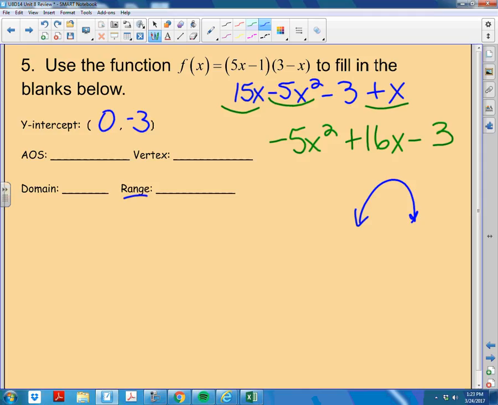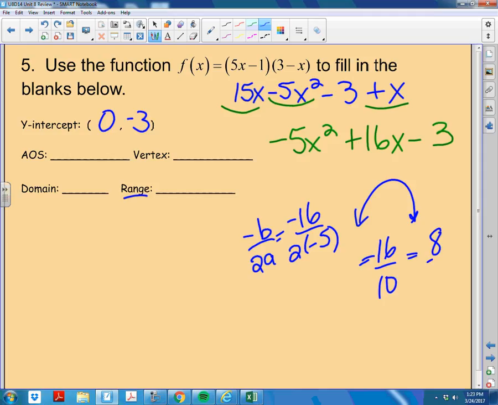So anyway, we end up with negative b over 2 times a, which is negative 16 over 2 times negative 5, which ends up being 16 over 10, which simplifies to 8 over 5. 8 over 5 is my axis of symmetry, 8/5. And my vertex is at 8/5 something.